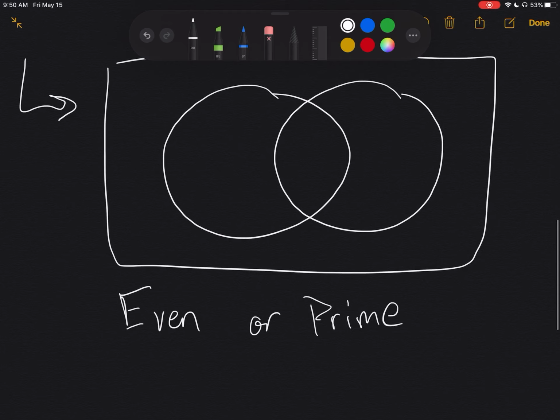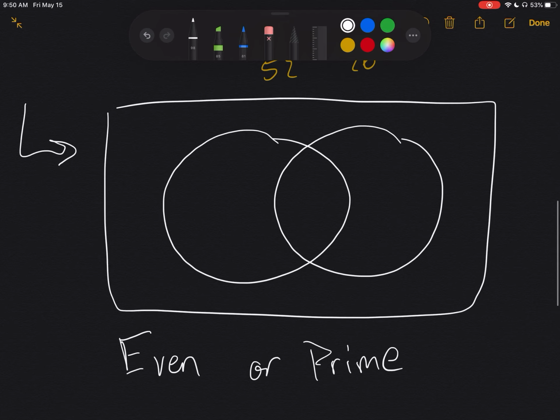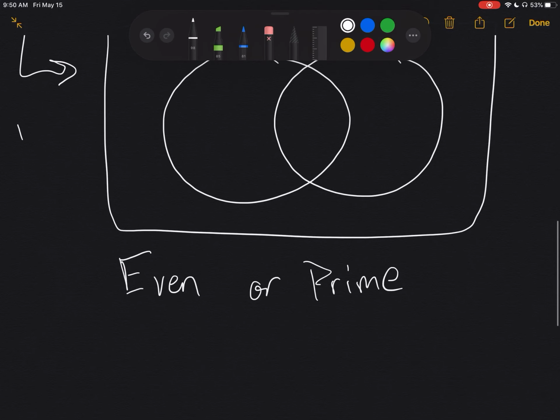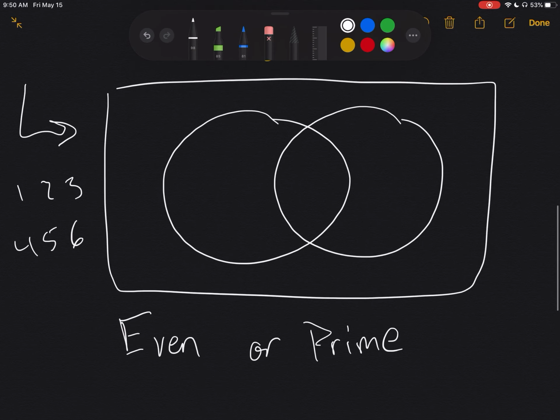You'll recall that prime is a number that's only divisible by 1 and itself, okay? So for example, 2, 3, 5 are all prime numbers if we're looking at the dice. So we've got 1, 2, 3, 4, 5, 6, and we want to put all of those in there somewhere.